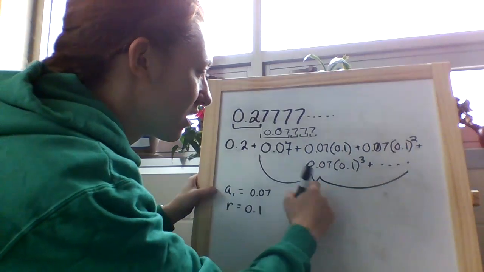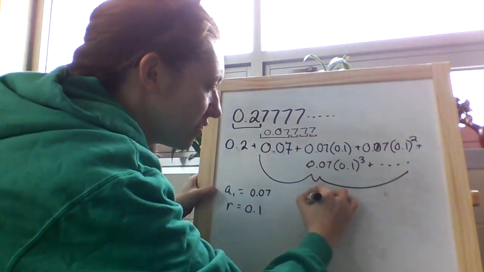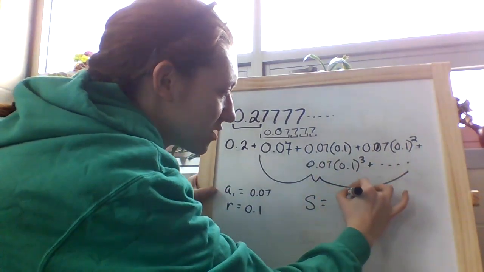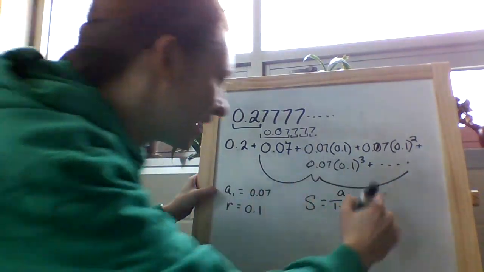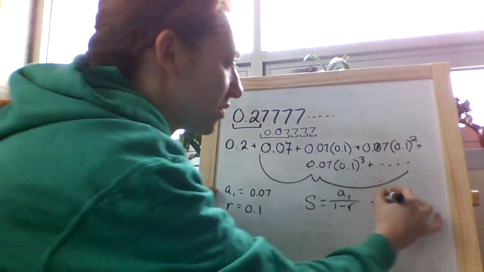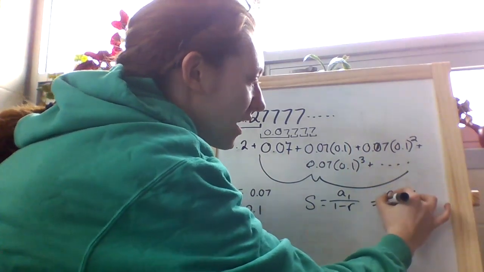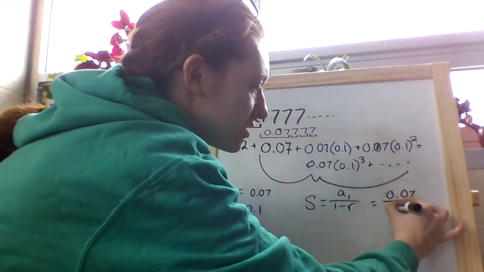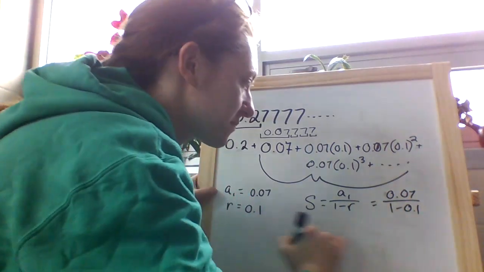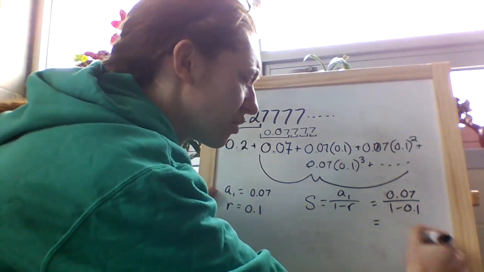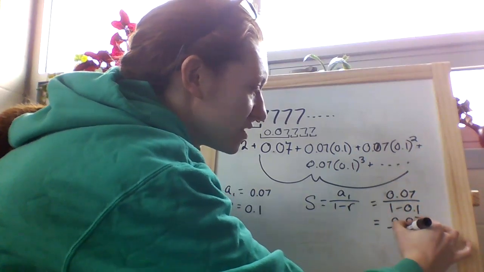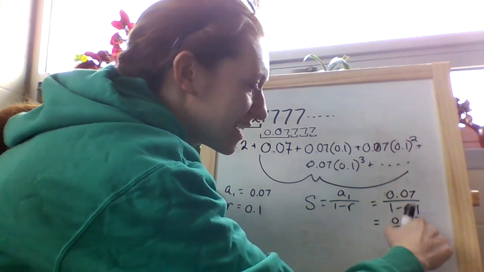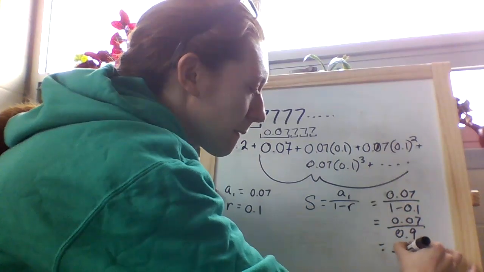And so for this chunk, I'm going to use my formula, s equals a sub 1 over 1 minus r. A sub 1 in this case is 0.07, and r is 0.1, so 1 minus 0.1. And doing a little bit of math here, that is 0.07 over 0.9, so that's like 7 over 90.